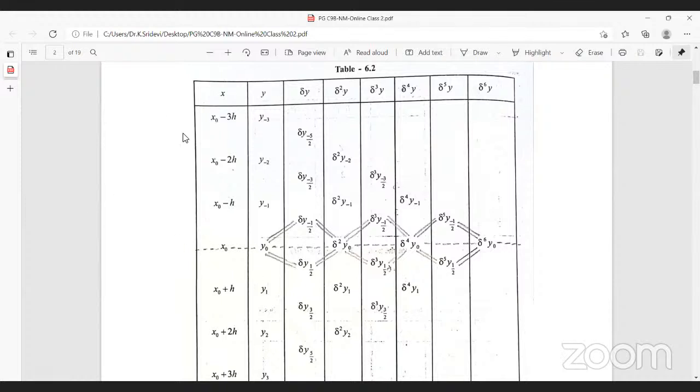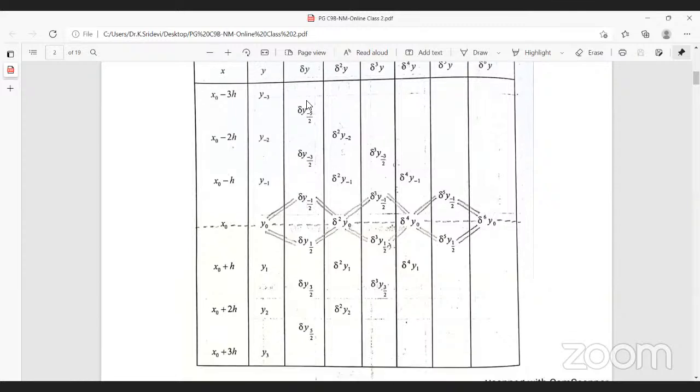We have discussed this in previous classes offline. So we can convert the forward difference operator into the central difference operator.